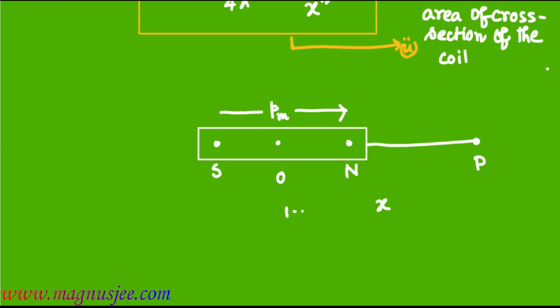X is the distance of the point P from the midpoint O of the magnetic dipole or magnetic bar. And magnetic field induction at the point P due to the bar magnet is B_AX, which acts along the axis and in the same direction as the magnetic dipole moment Pm.